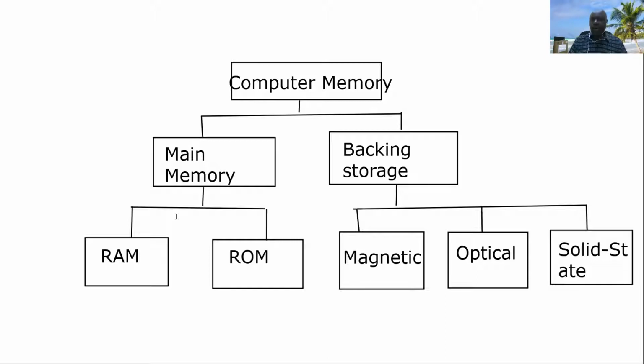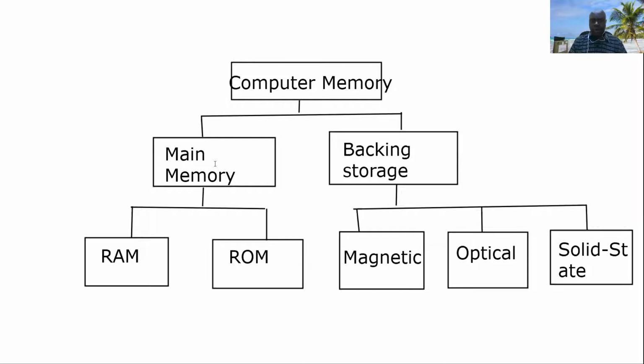The distinction here is that the main memory or primary storage is the memory that is used to store the data and the software that is being processed. Backing storage is used to store data and software that is not in use on a computer.